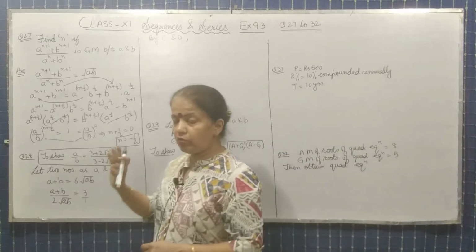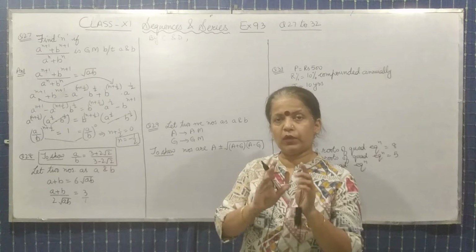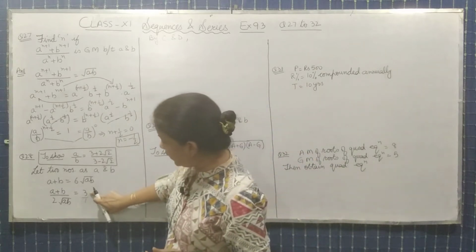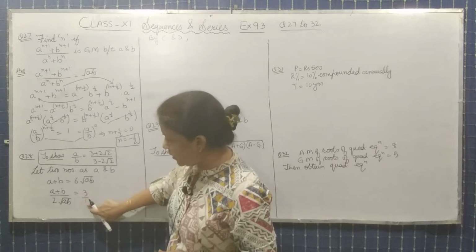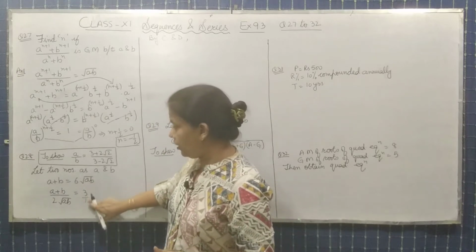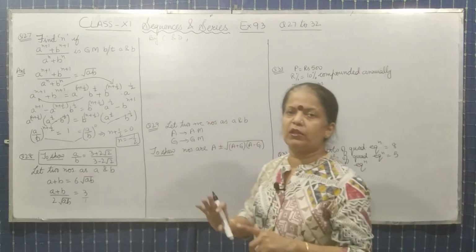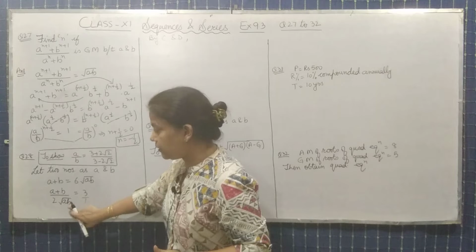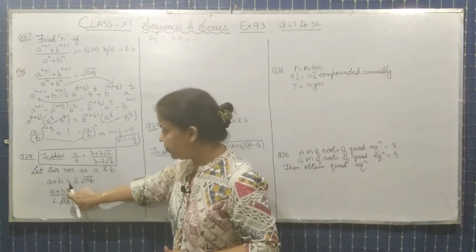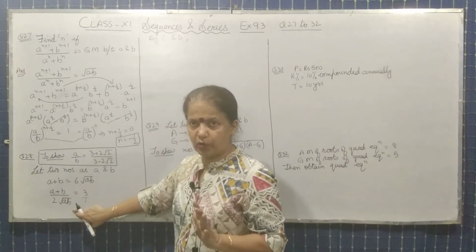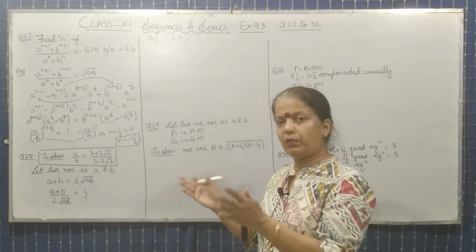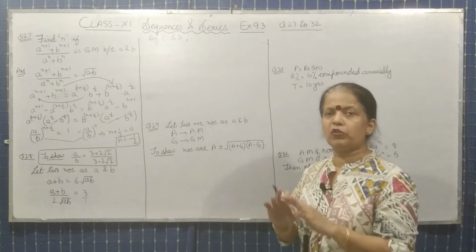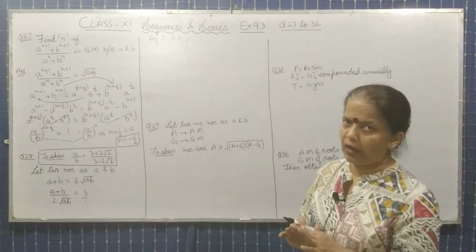And since you are using componendo and dividendo, it will be used on both sides, and the same thing you will apply here also. 3 plus 1 upon 3 minus 1, upper plus lower upon upper minus lower. So that concept we will use. It is not applicable on only one side, on both sides of the equation you will have to apply it.